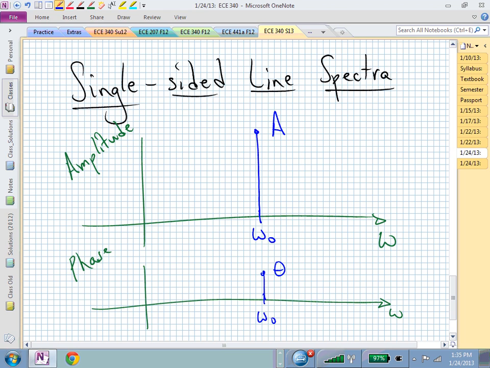Now there's another line spectra. This is the single-sided line spectra. There's actually a double-sided or a two-sided line spectra. So let's look at that one.